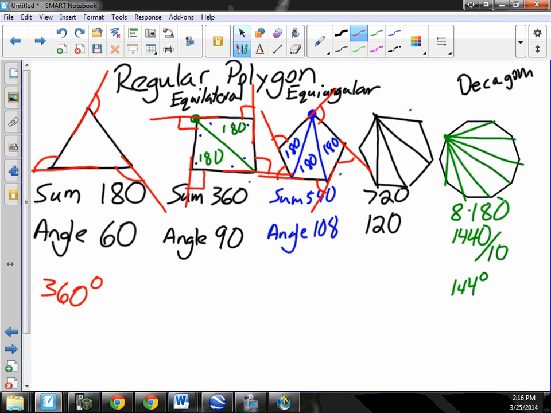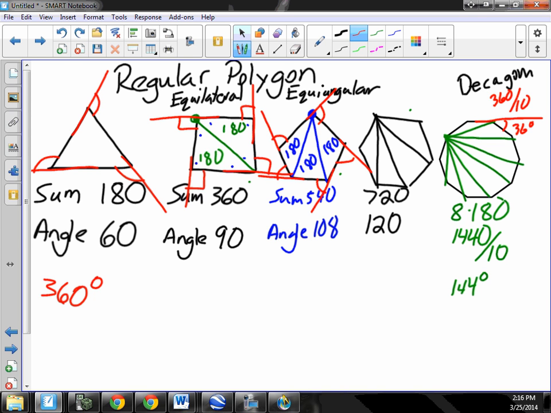So you can figure out how big each exterior angle is by just taking 360 and dividing it by the number of sides. So for my decagon, this angle here is going to be 360 divided by 10, which is 36 degrees.